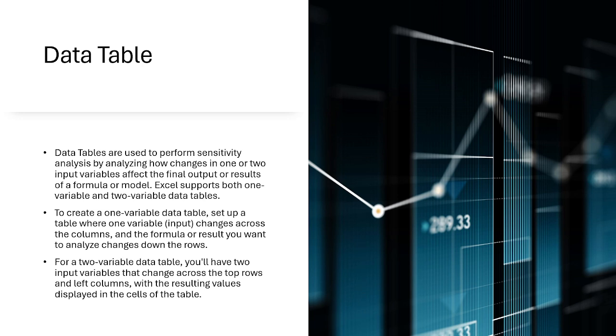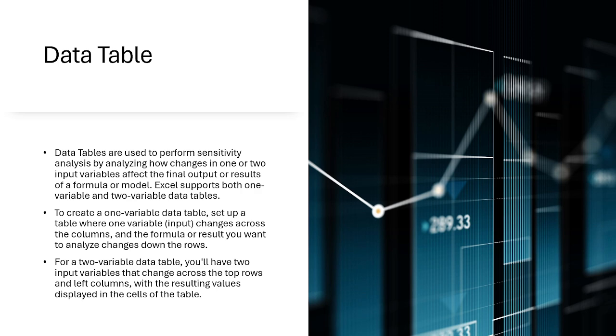What is a data table in Excel? Data tables are used to perform sensitivity analysis by analyzing how changes in one or two input variables affect the final output or result of a formula or model. Excel supports both one variable and two variable data tables.